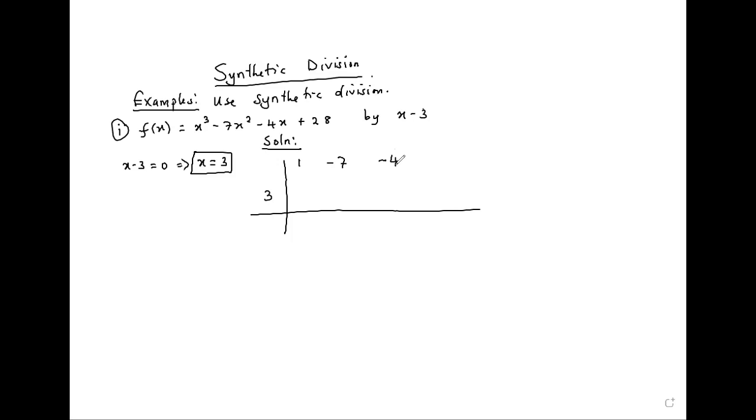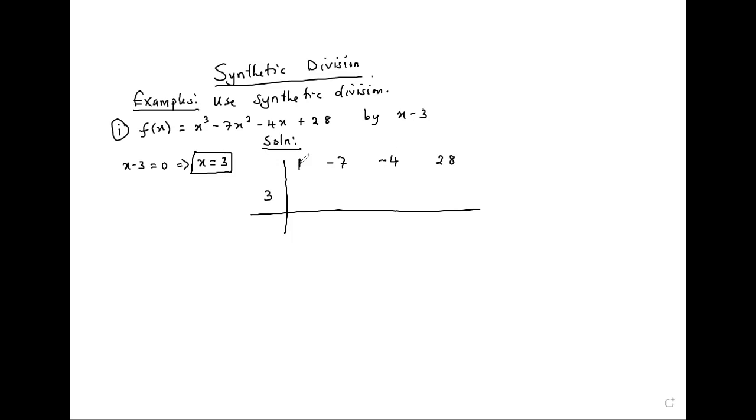The constant is 28. If you don't find the variable with the power you're looking for, say you want x power 2 and it's not there, you put a 0 as the coefficient. Anything multiplied by 0 is 0. And if the coefficient is 0, in most cases, especially in functions, you don't write the term.